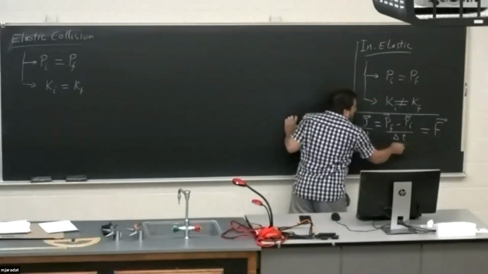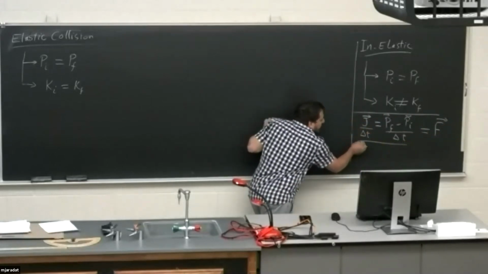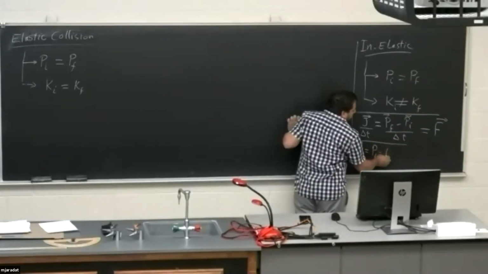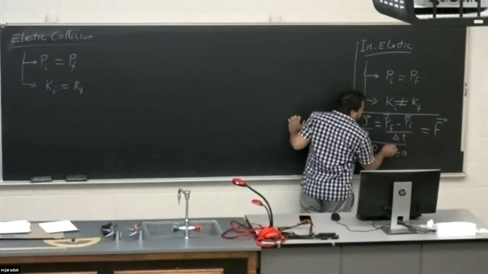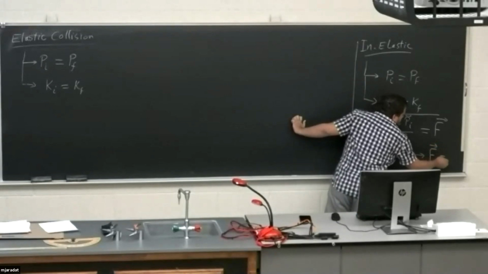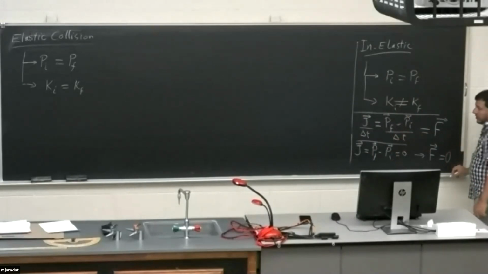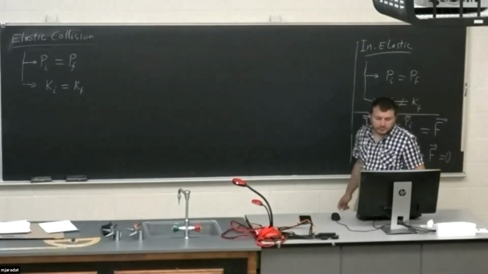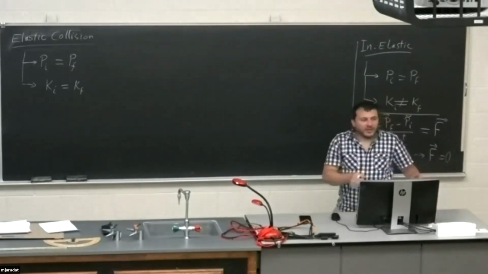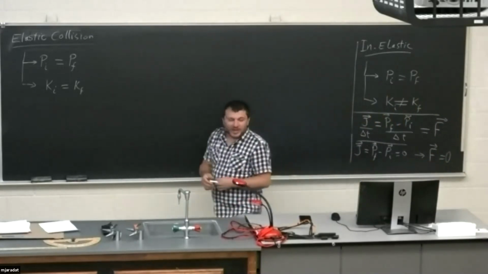But if we don't have any change in the momentum, for example, if J equals P final minus P initial equals 0, how much is the force in this case? If this is equal to 0 over delta T, then the force will be equal to 0.